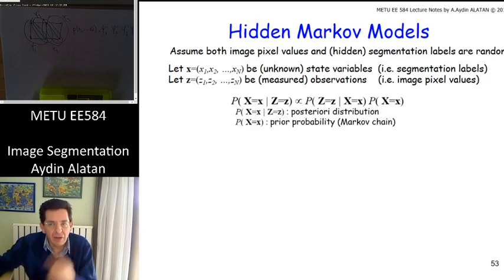Now, the concept is this. I'm going to assume the labels, object IDs, the object information is controlling the color information. Remember the example, banana, apple? Therefore, what I'm saying is this. If you are a banana, you will be yellow. If you are an apple, you will be red. I am enforcing something.